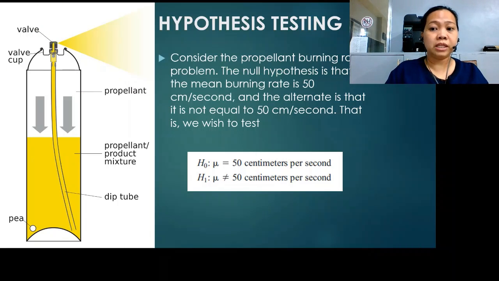The null hypothesis is that the mean burning rate. So, atwang test statistics is mean gihapon ha. The mean burning rate is 50 centimeter per second. And the alternative is that it is not equal to 50 cm per second. So, in writing our null and alternative hypothesis, this is the answer.